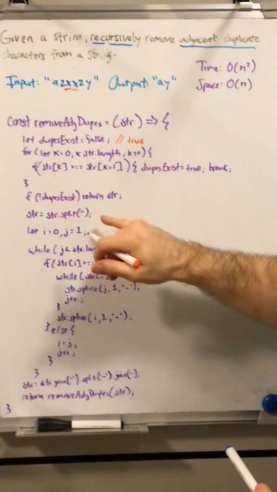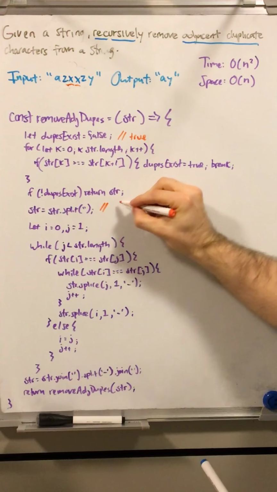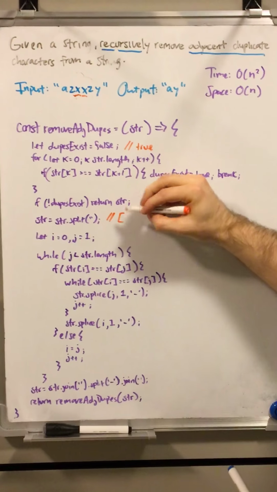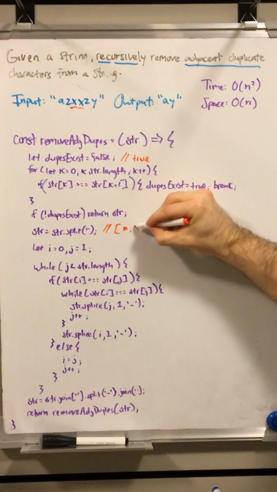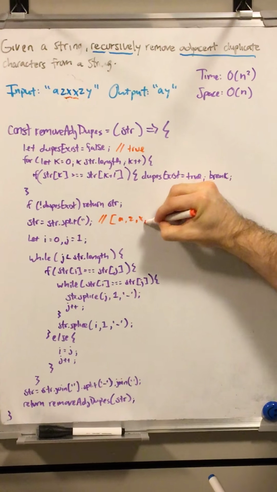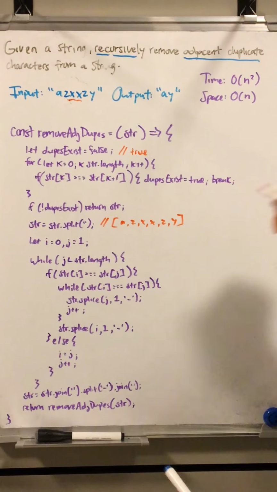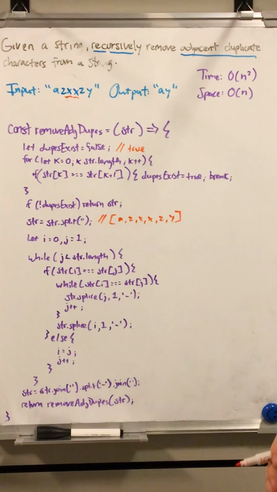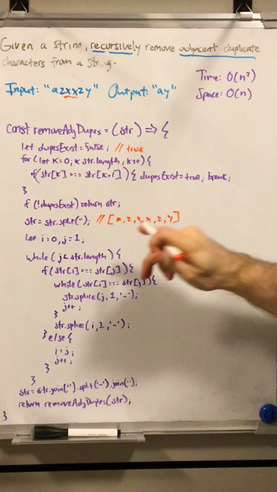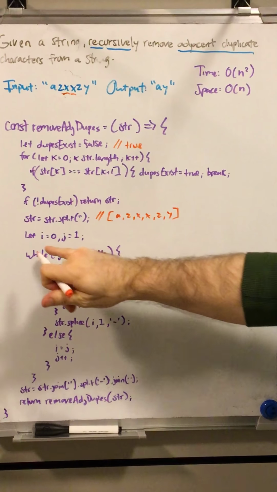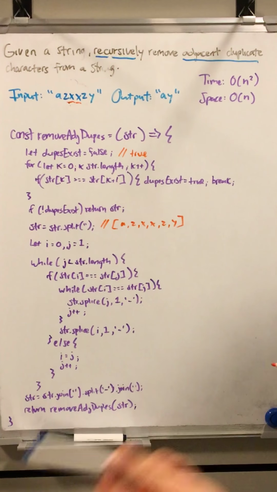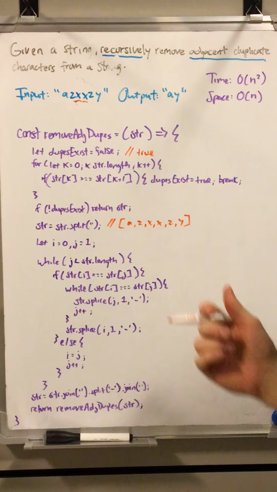But since it does exist, we're going to break the string up into an array, so that we can better change the items in place, because we don't have that luxury with a string. So this is what happens when we split it up. We're going to create two pointers, i and j, i starting at 0, j starting at 1.